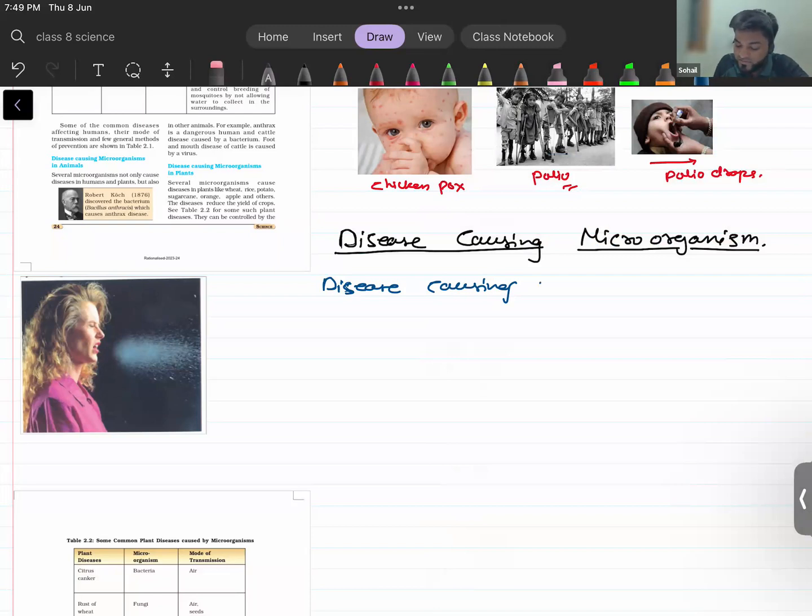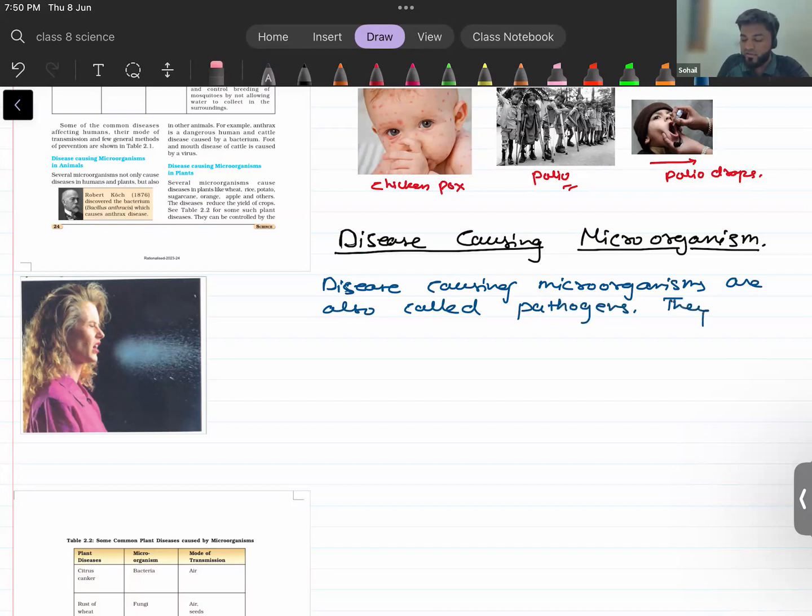So disease causing microorganisms are also called what? Pathogens, right? Pathogens.